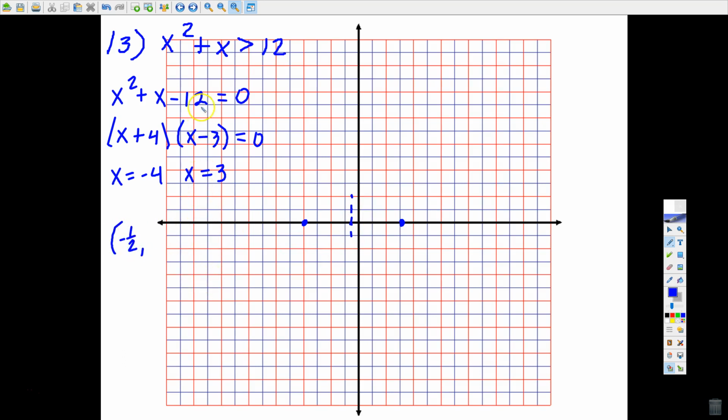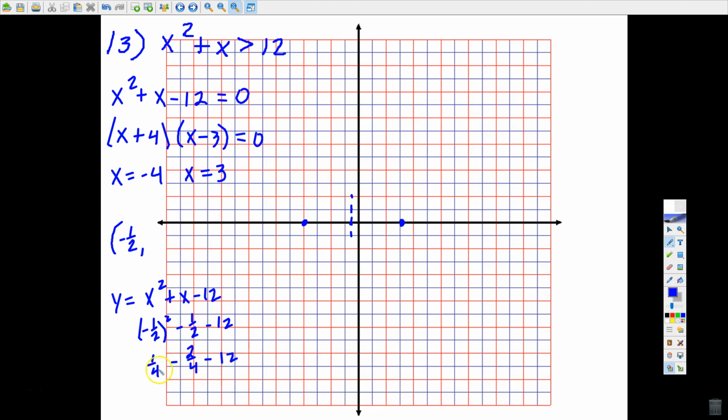And to find the y of the vertex, again, just think of this in terms of a function. So you're going to plug in -1/2 and see what comes out. So this is +1/4. I'll go ahead and change 1/2 into 2/4 so we can have a common denominator.